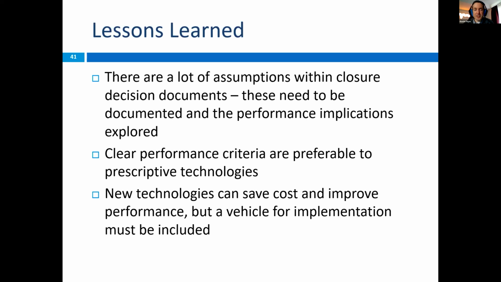But if you're going to engineer it and you're going to present that to the public and to the regulator, having a clear quantitative criteria is much better. Things like geogrid can save cost and improve performance. But again, we need a way to show what benefit that has. On this project, we have a quantitative framework that we're able to show that benefit. So it's not just a matter of putting in the section and hoping it works, but rather trying to use our engineering principles to show how it will work.